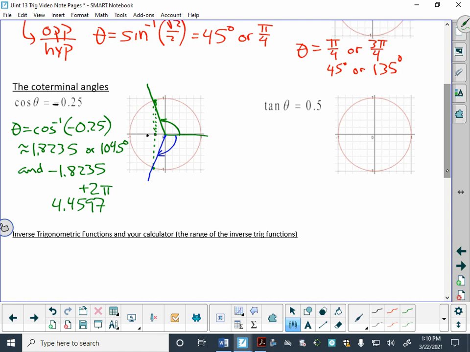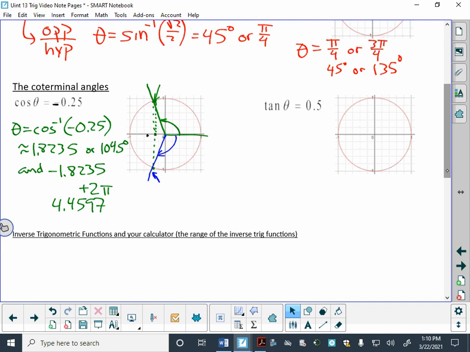And I could keep doing that. I could continue to add 2 pi to either one of those angles, because I have all of those coterminal ones. As this angle of rotation continues to turn, there will be an infinite number of times it will come by that point, and an infinite number of times that it will come by that point.